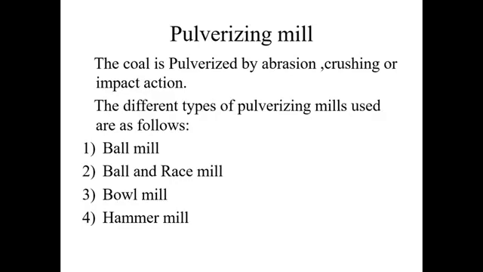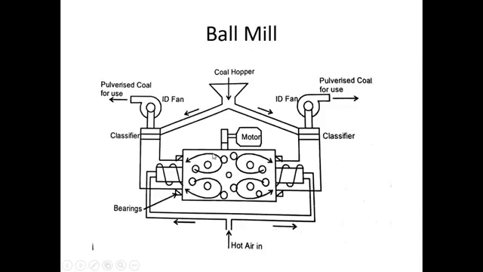So, pulverizing mill. Coal is pulverized by abrasion, crushing, or impact action. There are ball mill, ball and race mill, and hammer mill. So here the first one is the ball mill. The coal hopper. From here the lumped coal is supplied to this drum.